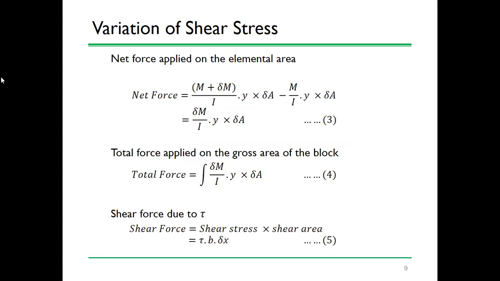So we are saying that the net force simply means one force minus the other. So this is simply equation 2 minus equation 1. This is equation 2, and this is equation 1.